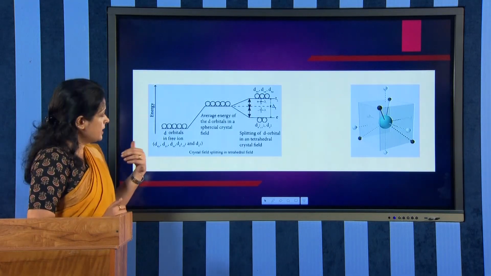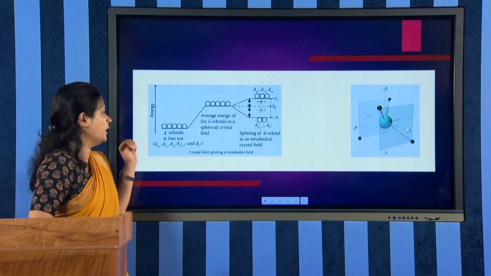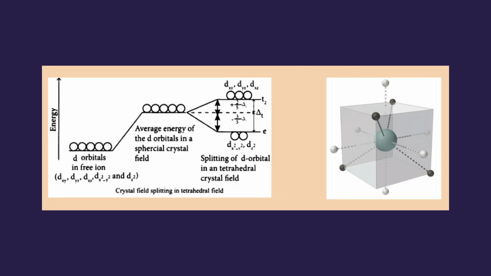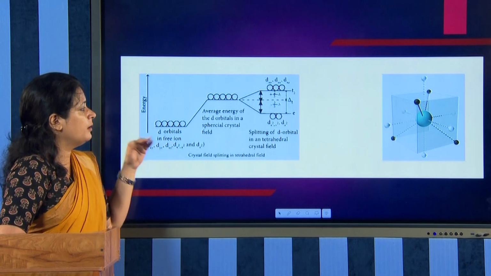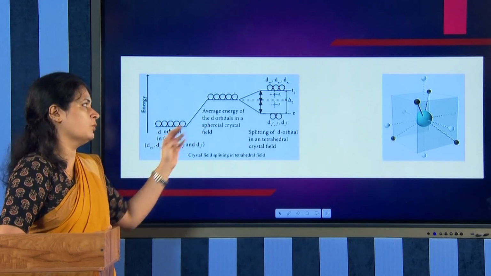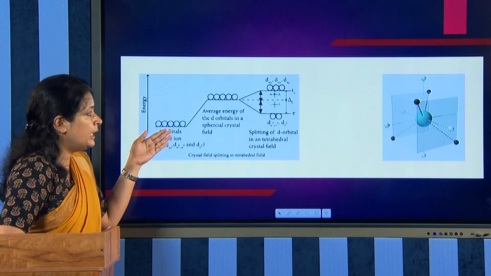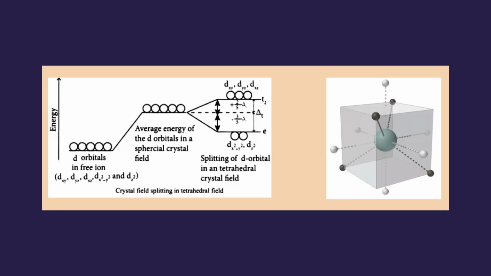And see, this is the splitting of d orbitals in the tetrahedral field. You can see the d orbitals in the free ion, and in a spherical crystal field, the average energy is raised. And in the tetrahedral crystal field, the d orbitals will be splitting as E and T2. You can see that E will have lower energy and T2 will have higher energy.